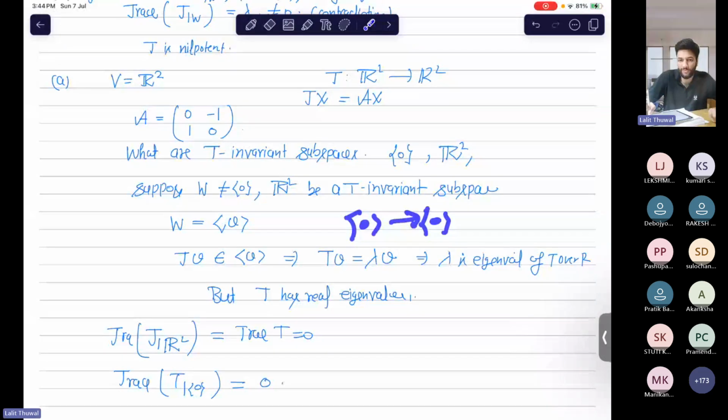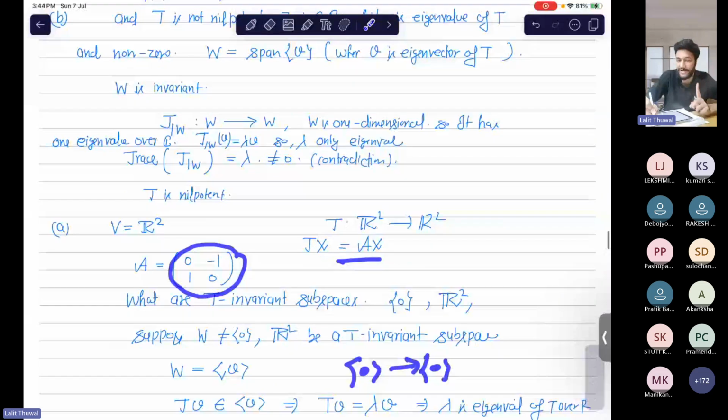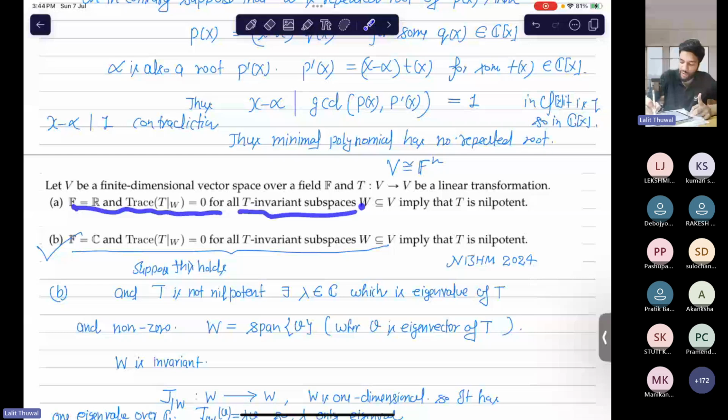So the trace is 0. So this example is not nilpotent. This T is not nilpotent. Still, it satisfies this, that for any T invariant subspace W of V, when T is restricted to W, the trace is 0. But still T is not nilpotent.